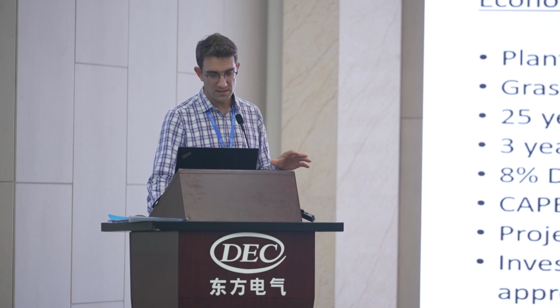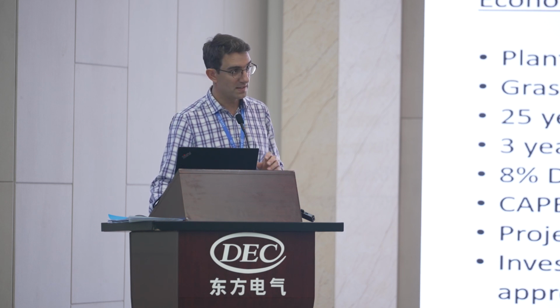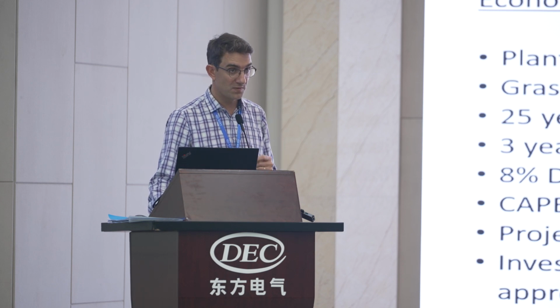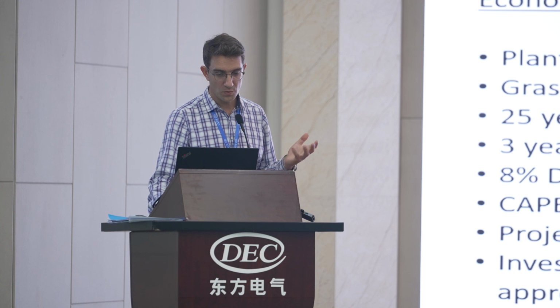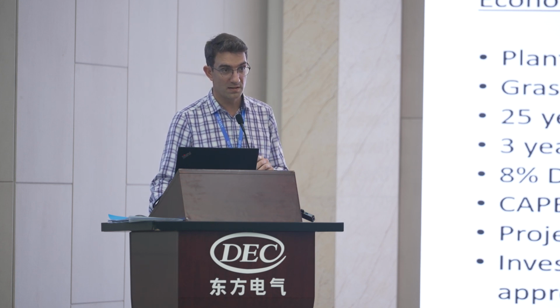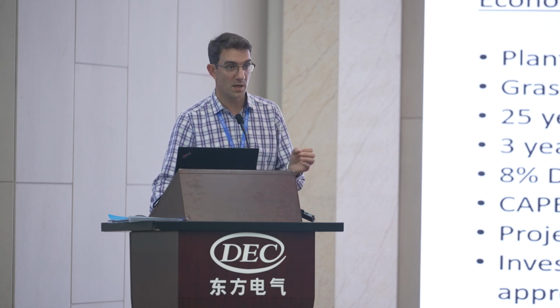And you see that the CLC case is higher than the case without capture, but it's in between, it's lower than the case with capture, or the CFB with capture. So it looks like it's more economic to build a CLC rather than building a new CFB with an amine capture behind.